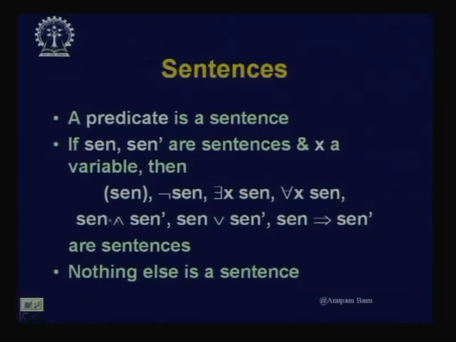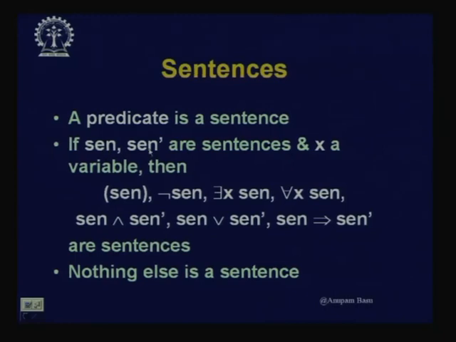So, a sentence and the negation of the sentence is a sentence. Sentence or the negation of the sentence is also a sentence. Suppose we are considering two sentences. Please excuse me, this is not the proper way.